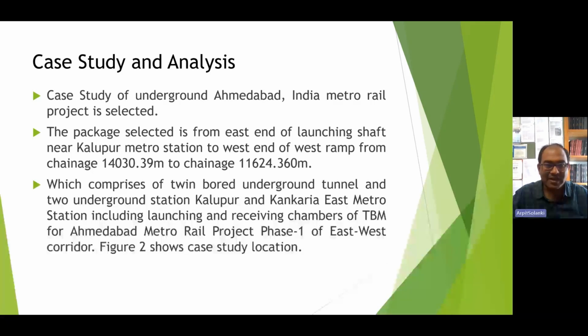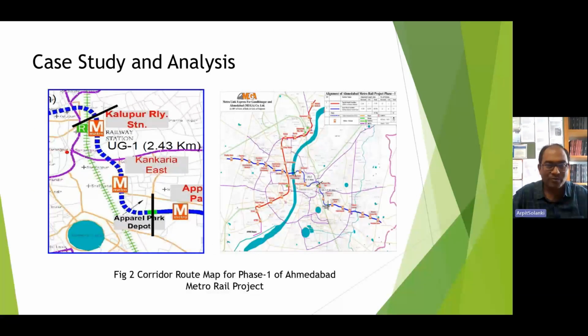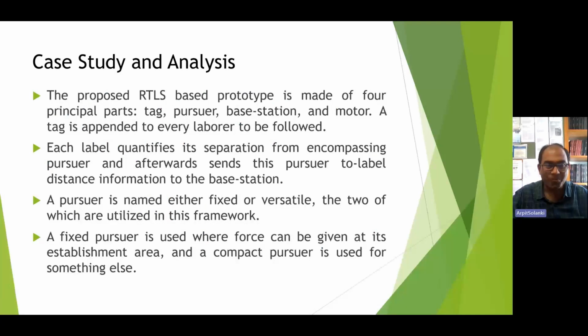You can see the map of this underground portion, which is 2.43 kilometers. This underground station is near the railway station of Ahmedabad, which is called the Kalupur railway station, and it is very near to a place called Kankaria. The route map for the metro can also be seen in this figure 2.